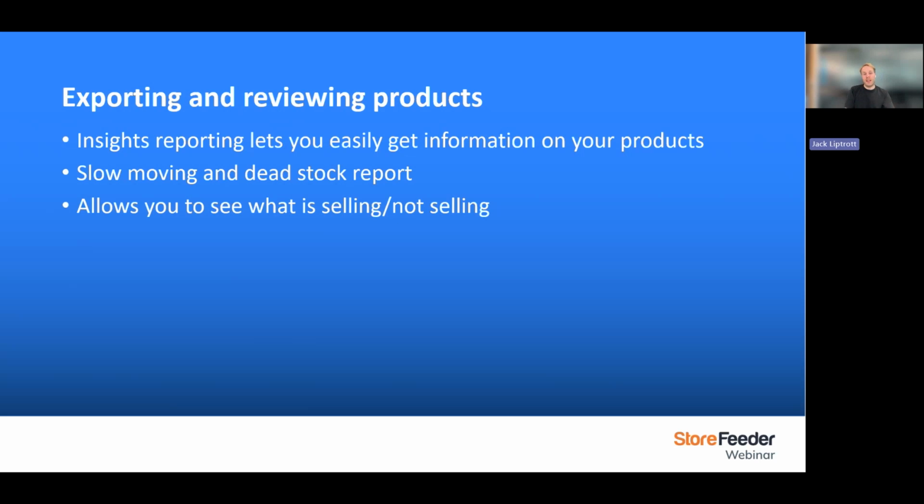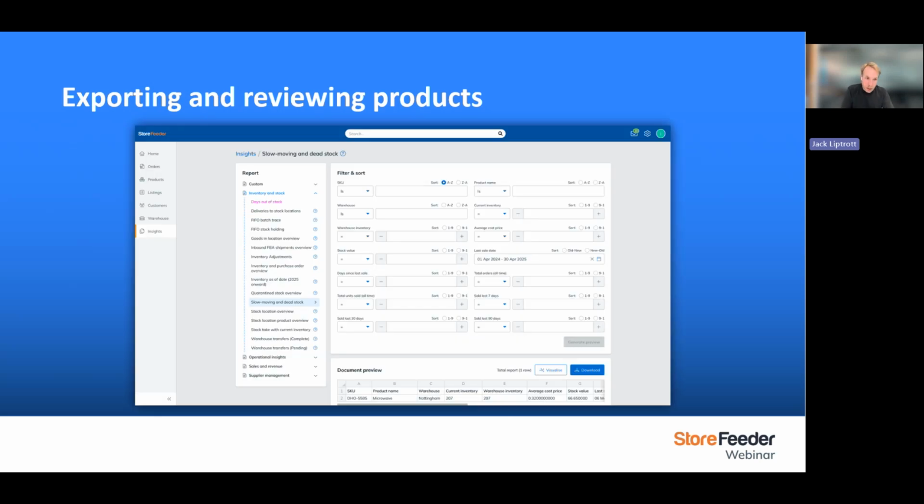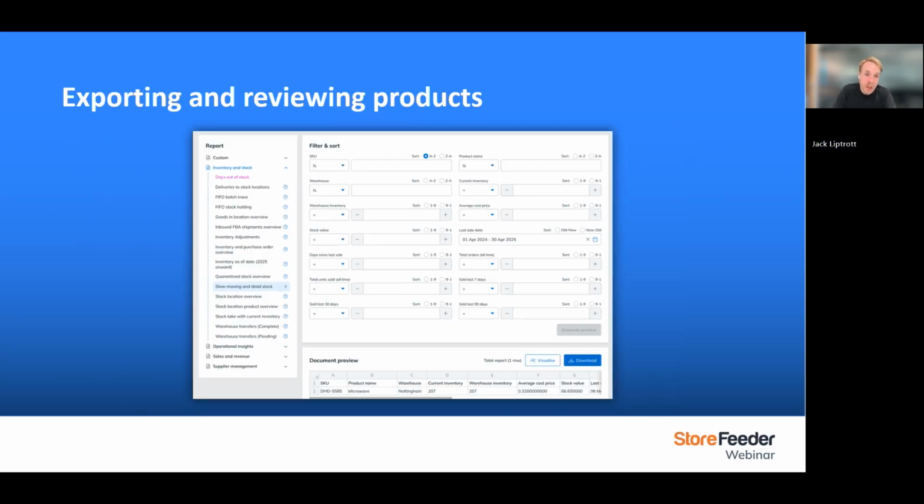So we've got the slow moving and dead stock reports. This allows you to see what's not selling or is selling, and you can filter by enough criteria to narrow down, whether it's supplier, date and time, or what items are where.